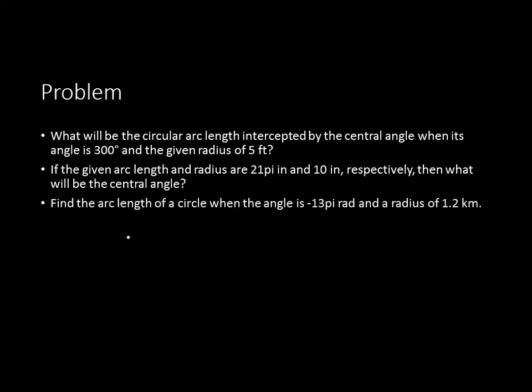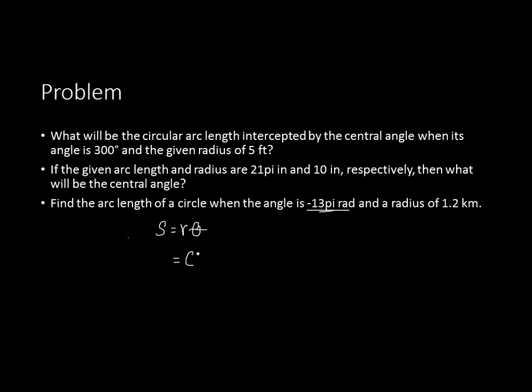Find the arc length of a circle when the angle is negative 13 pi radians and a radius of 1.2 kilometers. This one is actually the easiest because here we have an angle that is in radians, so we do not need to convert it since it is already in radians. So all we need to do is just substitute it here.